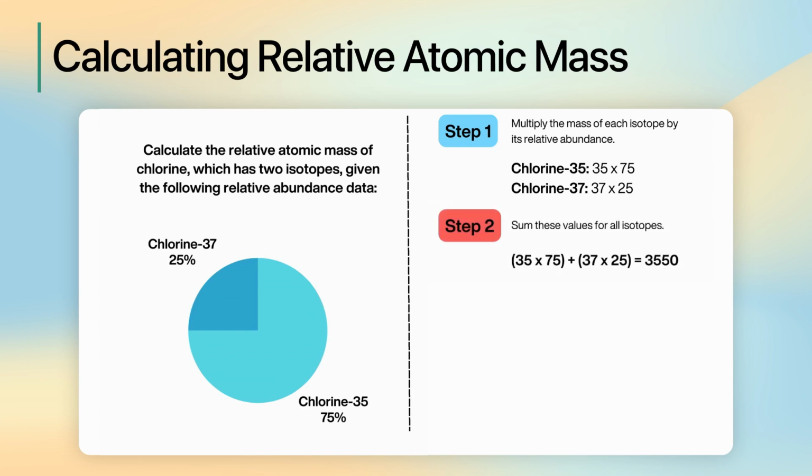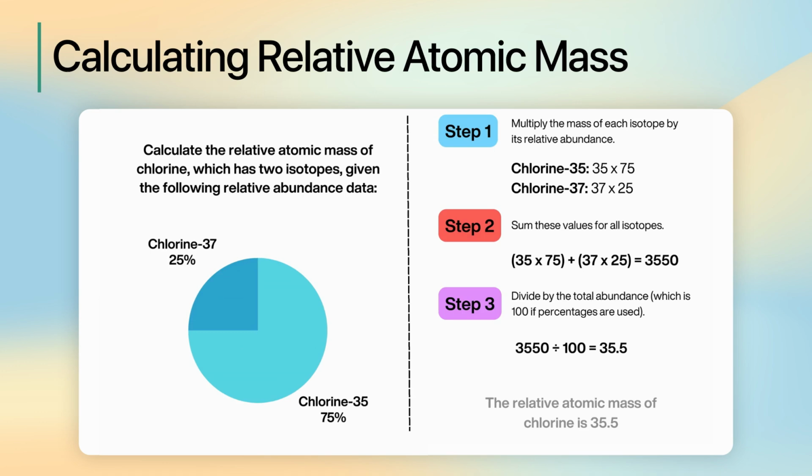Next, we sum these values to get 3,550. Finally, divide by the total abundance, which is 100 in this case. 3,550 divided by 100 equals 35.5. So, the relative atomic mass of chlorine is 35.5.